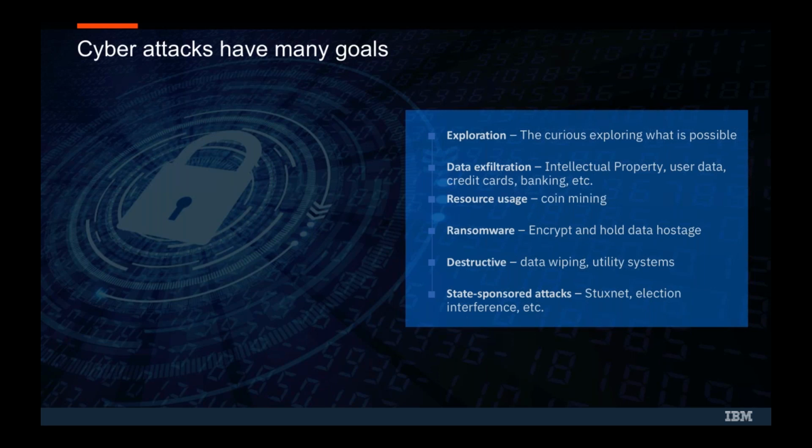The next category is ransomware, and so this is what was really in the news significantly in 2017. We saw a lot of cyber attacks that would encrypt your data and then hold you hostage, and it's continuing into 2018, as we saw recently in the United States.